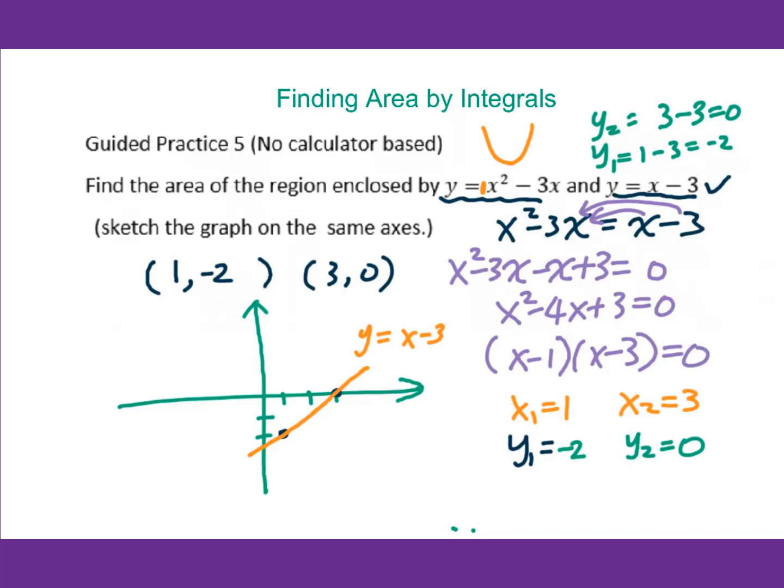You can estimate the graph like this. You can label this y equals x squared minus 3x. It will pass through (0, 0), but just make sure your graph opens up. Whether it passes through (0, 0) doesn't matter for this question.